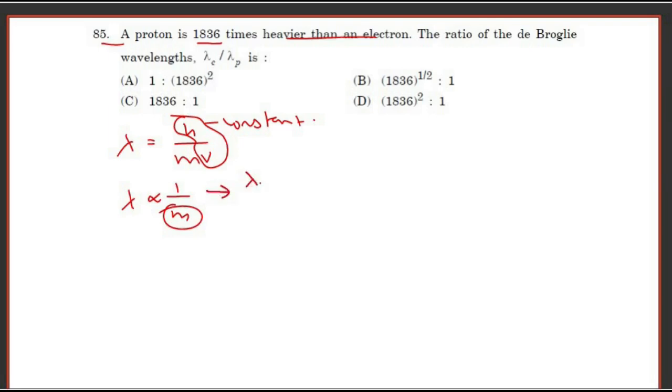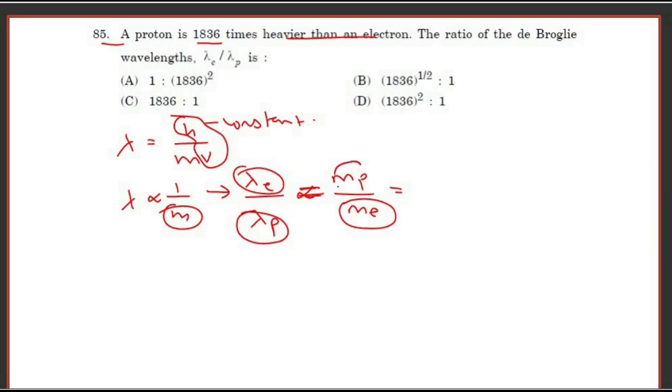Which implies lambda for electron to lambda for proton is equal, due to inverse proportionality, to mass of proton divided by mass of electron. Lambda p is inversely proportional to mass p.